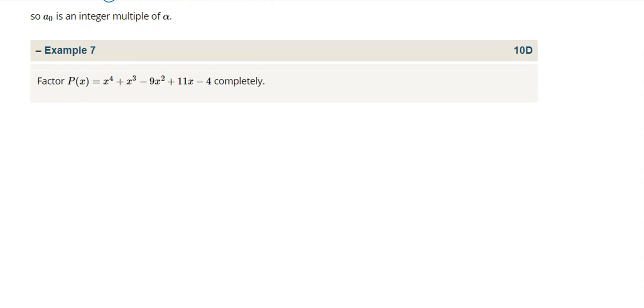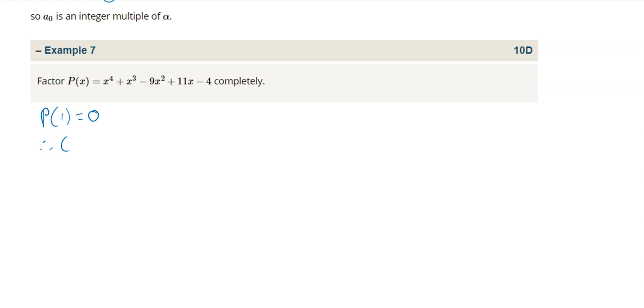Okay, well let's test. It is a factor. So p of 1 gives us 0. You're saying that unequivocally, Nathaniel? Okay, equals 0.